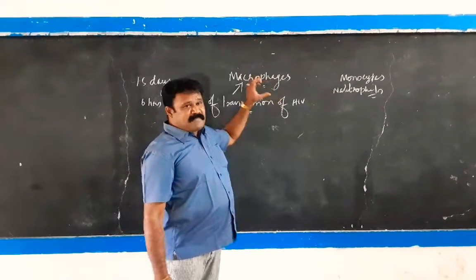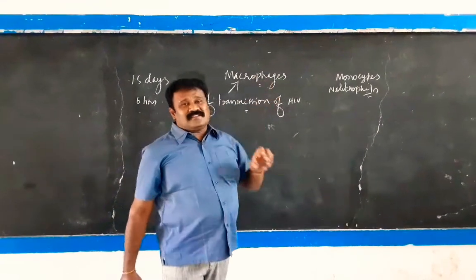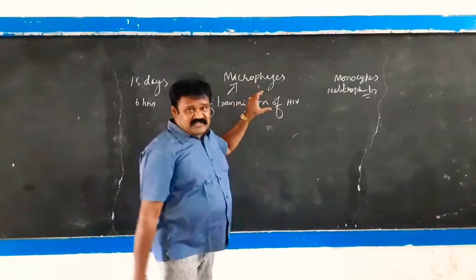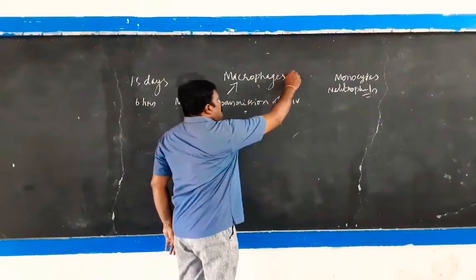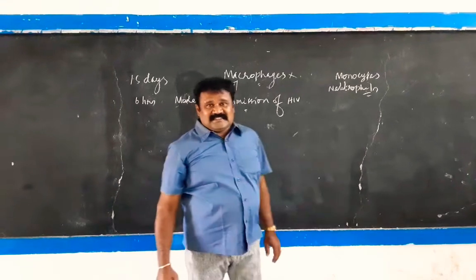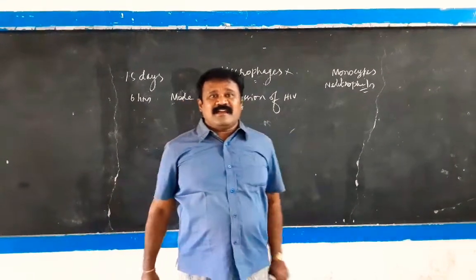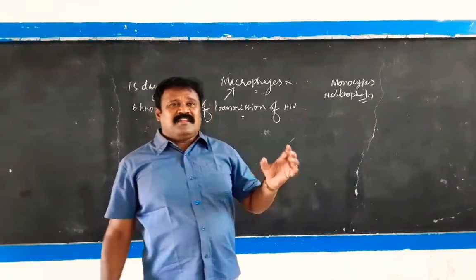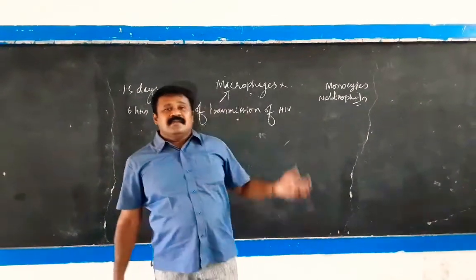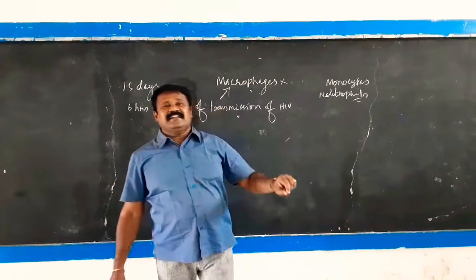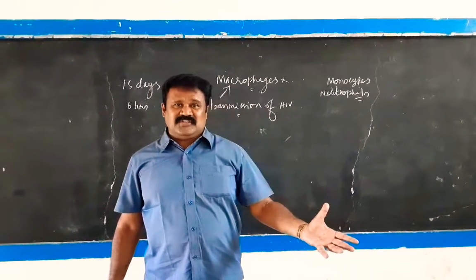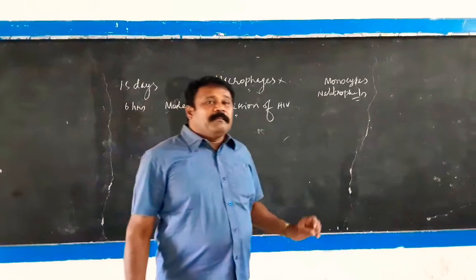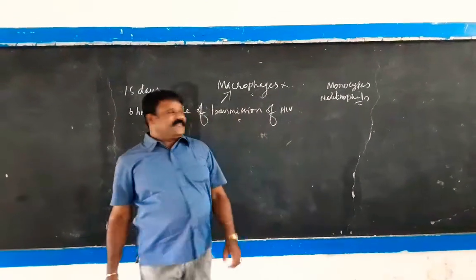Countless copies of viral DNA are produced in the macrophage. Then the macrophage will be lysed. By bursting the macrophage, many HIV DNA come out, each of which finds its way into a new macrophage, increasing in number within a very short duration.